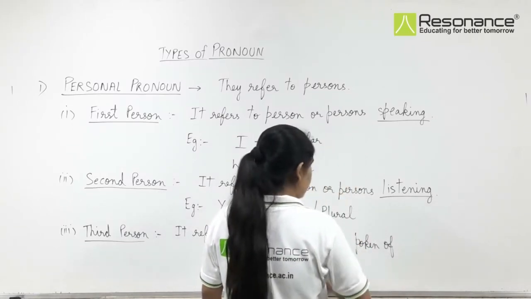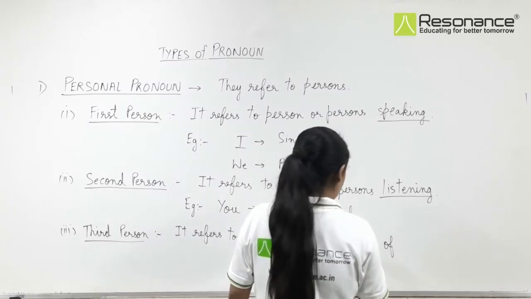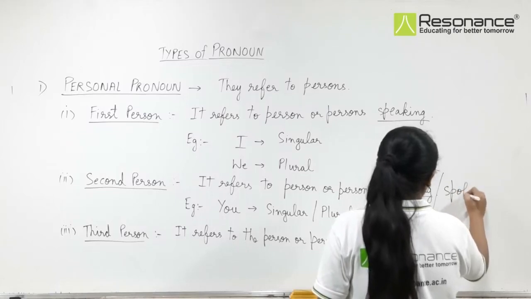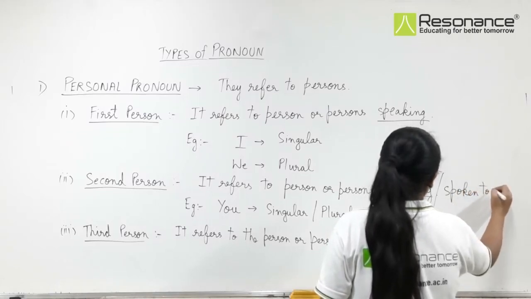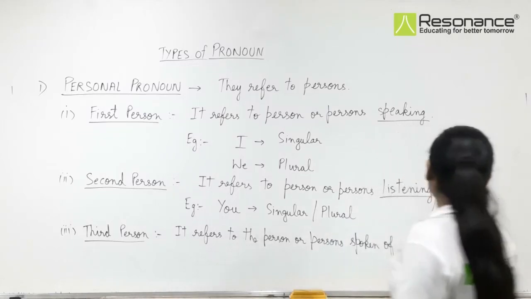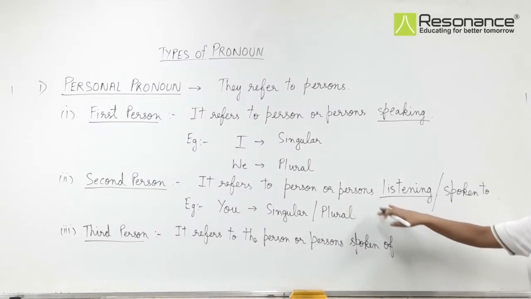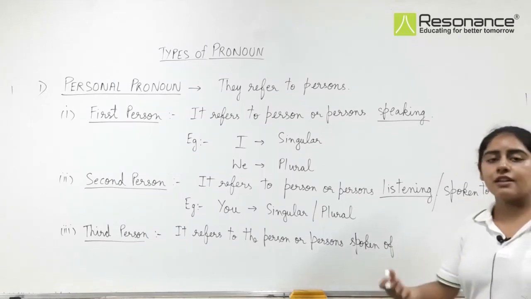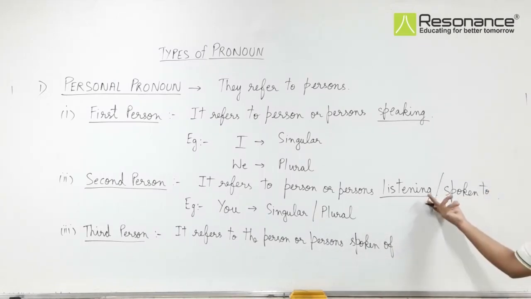Spoken of means जिसके बारे में बात हो रही है. Okay, and in case of listening to, we say spoken to. Okay, either you say second person, it refers to person or persons listening, or the person or persons spoken to, यानी कि जिससे हम बात कर रहे हैं. तो हम किससे बात कर रहे हैं? जो हमें सुन रहा है उससे बात कर रहे हैं. So it is one and the same thing.